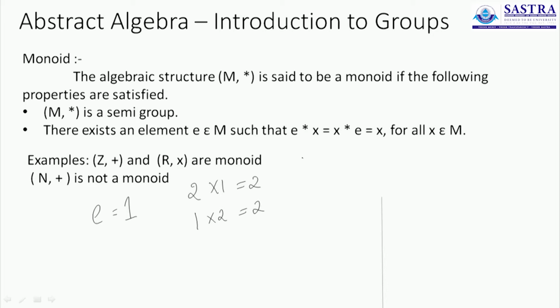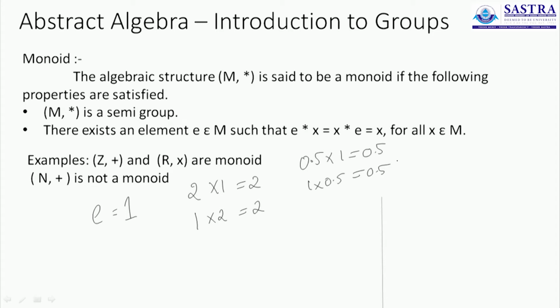Take a fraction, take 0.5 times 1, that is 0.5 again, or 1 times 0.5, that is 0.5 again. I get the element back after operating it with this special element. This need not be common for all groups or semi groups that we are considering, but every semi group or monoid or group should have its own special element. If that happens to be so, then we call the semi group a monoid.